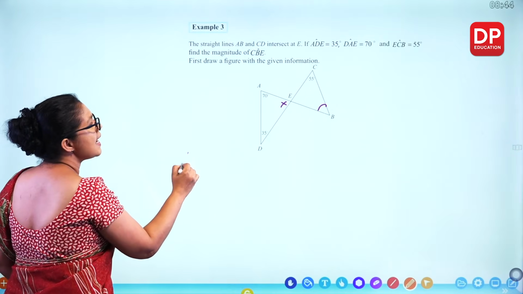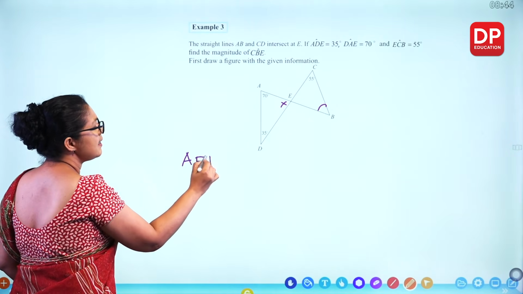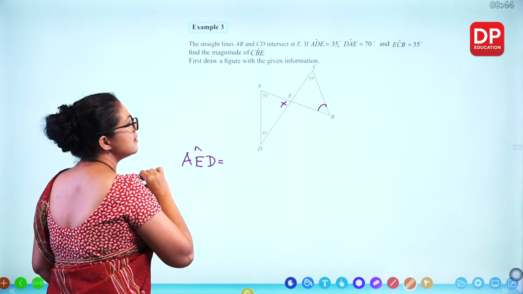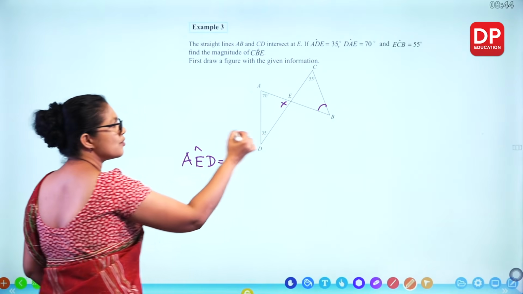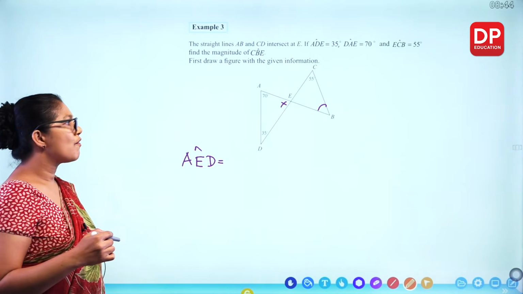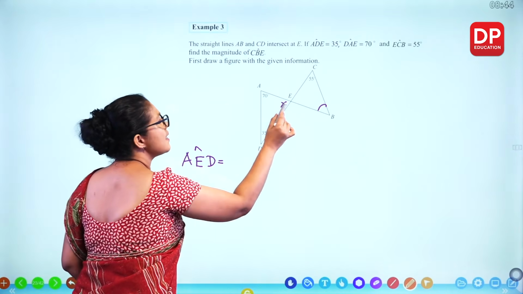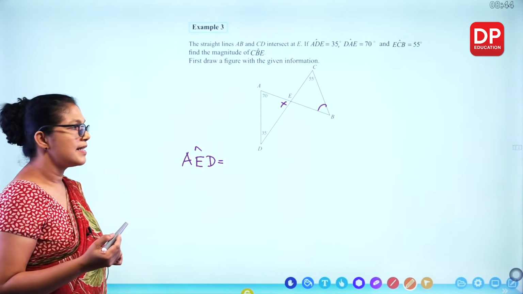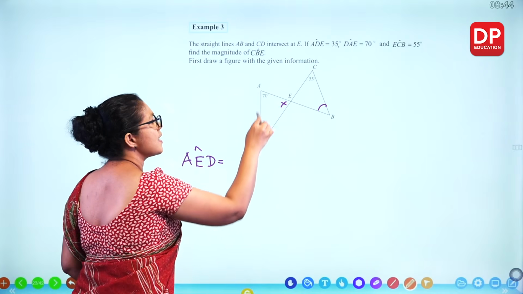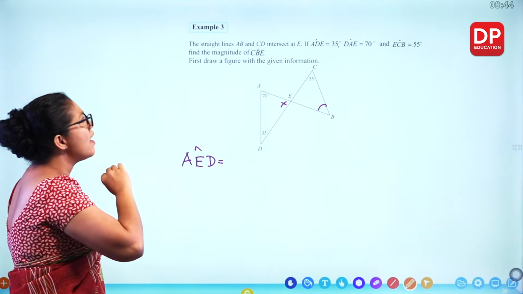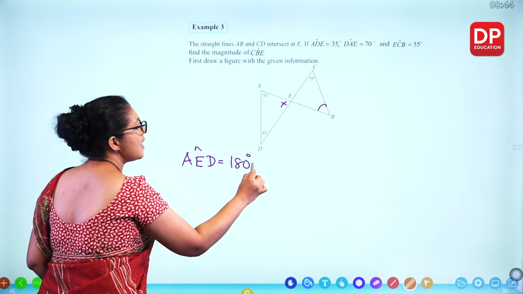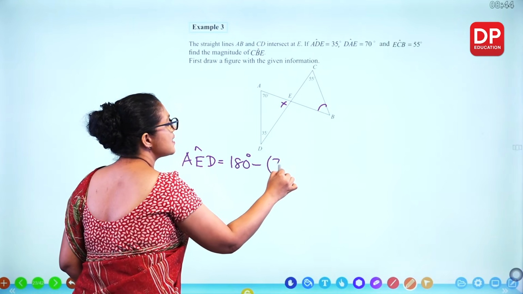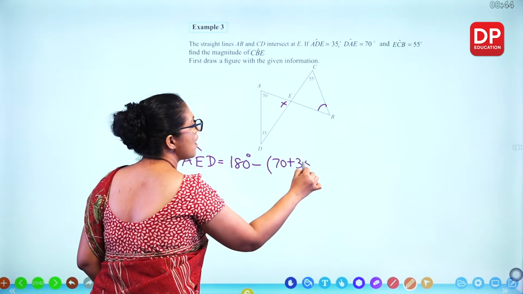So what is the AED angle? That is equal to 180 minus these two, because the sum of all three angles, this and this and this, becomes 180. If we want this one, we can subtract these two from 180. I can straight away write down 180 minus (70 plus 35).